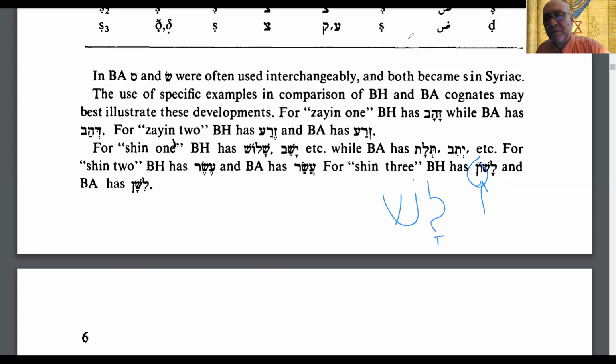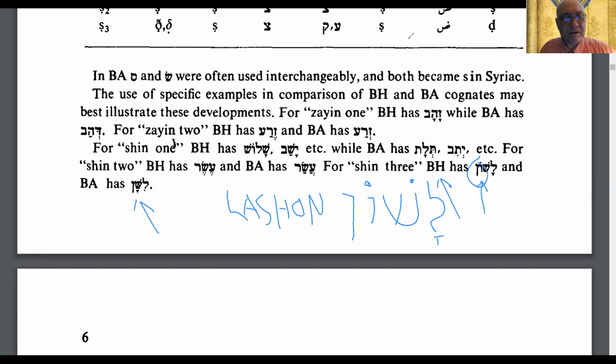And it's got your superlinear dot here, and then it's got an entire holem there. And then it's got a nun sofit. So it's lashon in Biblical Hebrew, whereas Biblical Aramaic has lishan. So lashon, Biblical Hebrew; lishan, Biblical Aramaic. Okay.